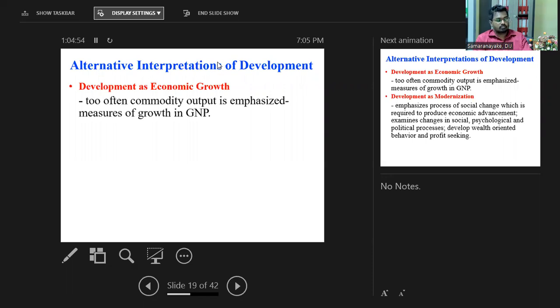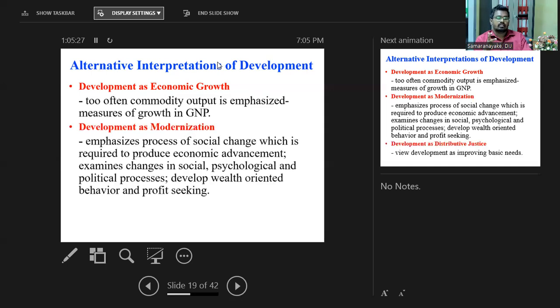One is that we consider development as economic growth, right? Then it's like asking whether this output expansion seems the best way of improving development. So measures of our GDP, GNP, and so on, whether that can sustain the development process, and whether that means development, right?